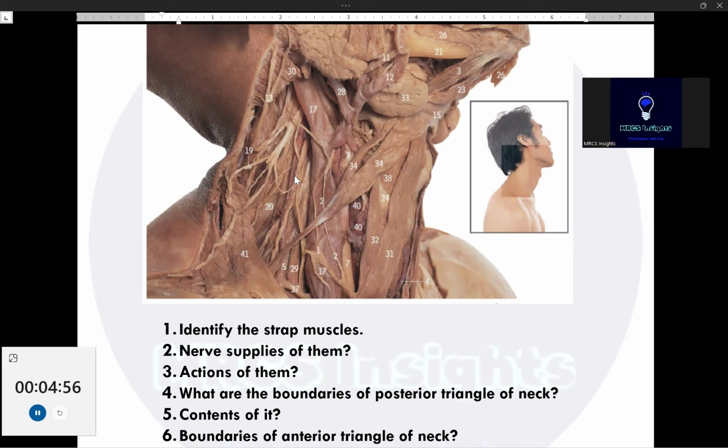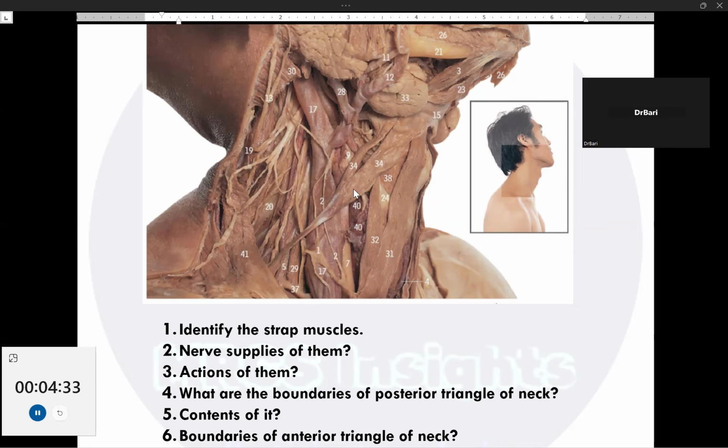Any important vein? External jugular vein, as well as muscles: scalenus anterior, medius. Also there will be some lymph nodes, supraclavicular and occipital lymph nodes.